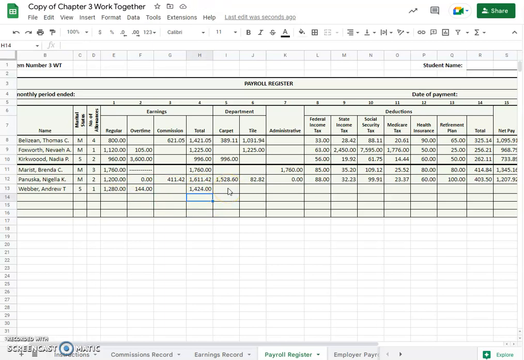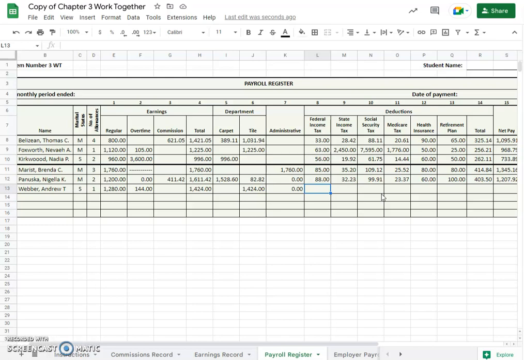And the department is going to be, I believe, 100% tile, because he is the tile department clerk. All right, should be 0 on administrative. And so now it's time to calculate our federal income tax. Single with 1 allowance.